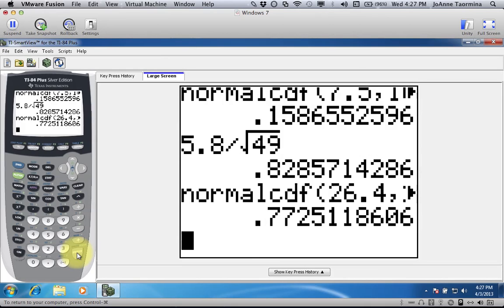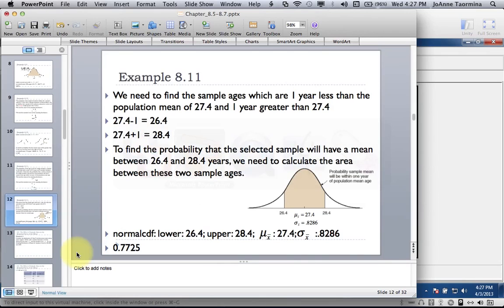We get 0.7725 when rounded to 4 decimal places. So the probability that the sample mean lies within 1 year of the population mean age is 0.7725.